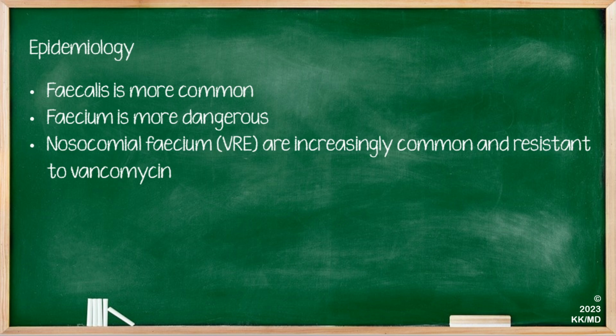First one is Enterococcus faecalis and the next one is Enterococcus faecium. Faecalis is more common, faecium is more dangerous. And nosocomial faecium, or VRE, which is vancomycin-resistant Enterococcus, are increasingly common and, as you would expect, resistant to vancomycin.